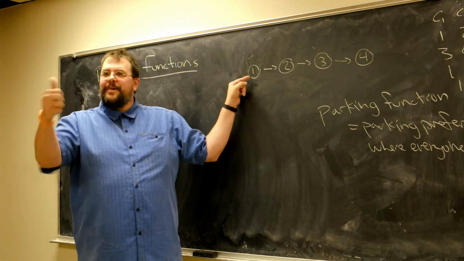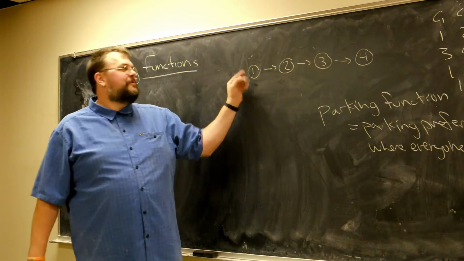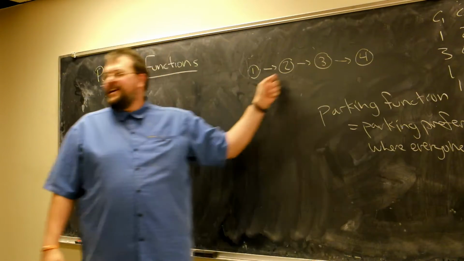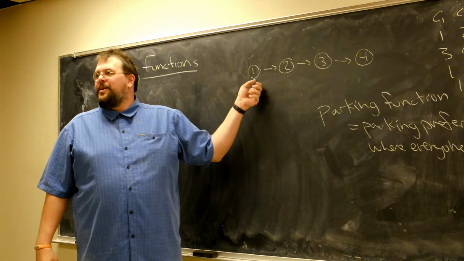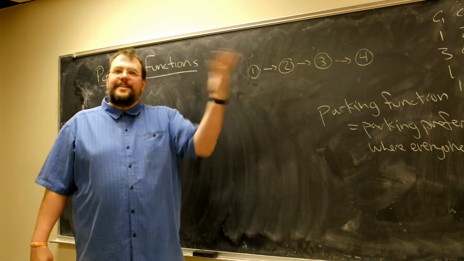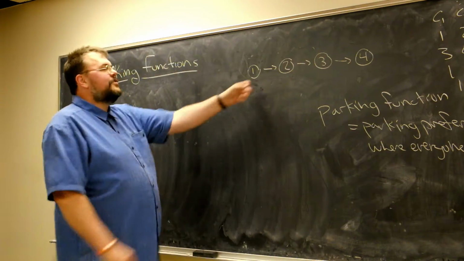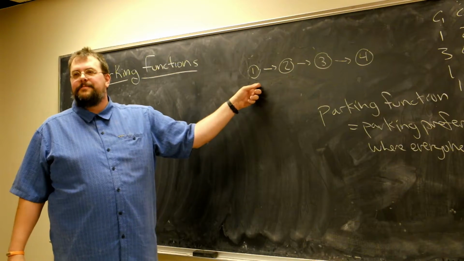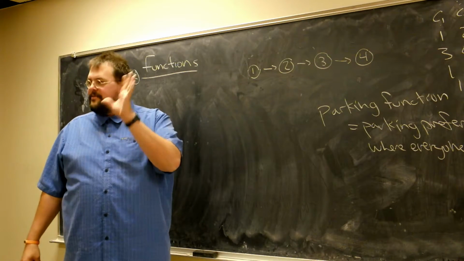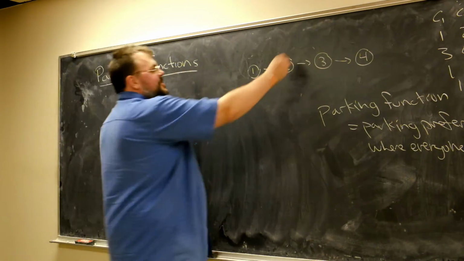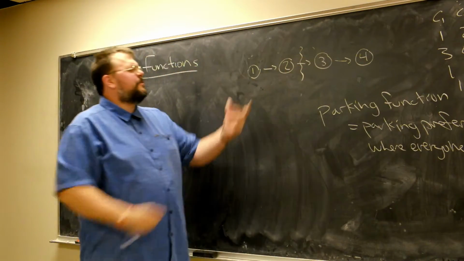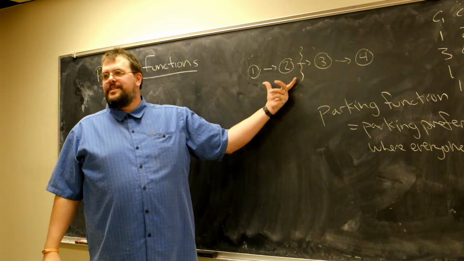Someone has to prefer spot 1. Because if everybody prefers spots 2 through 4, you'll never park in spot 1. Now, how many people need to prefer spot 1? At least 1. This is not a very profound observation, but let's build off of this. Suppose I ask, how many people need to prefer spot 1 or spot 2?